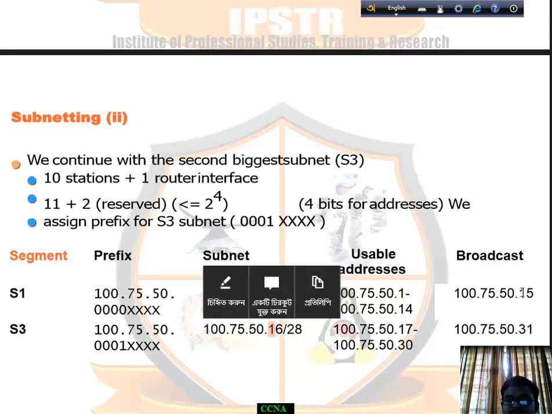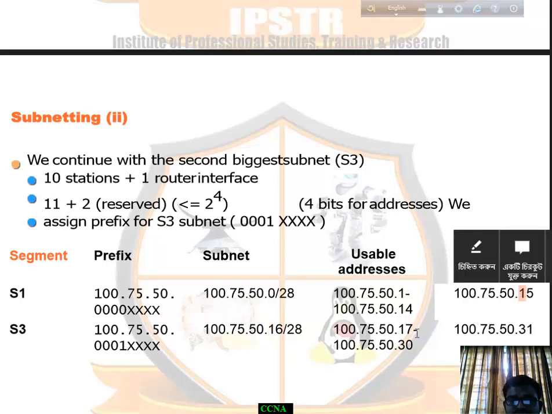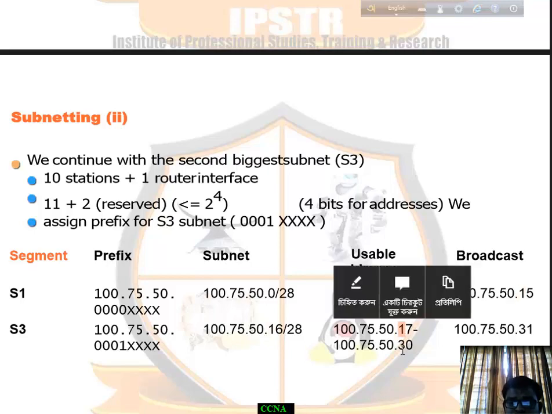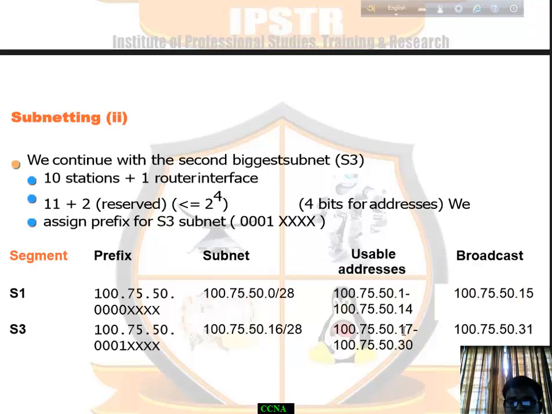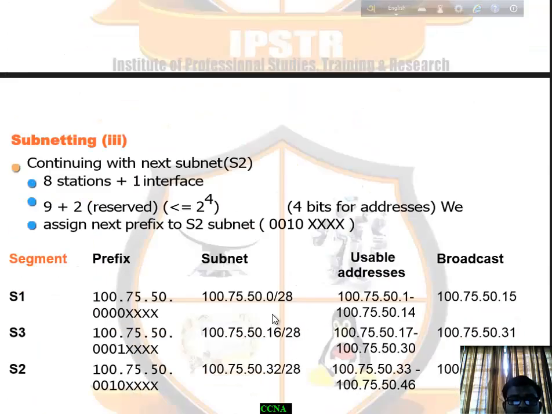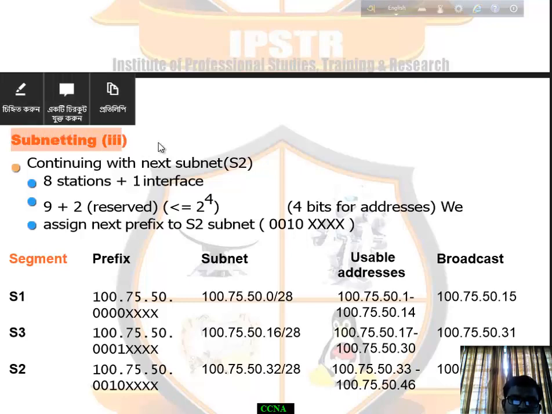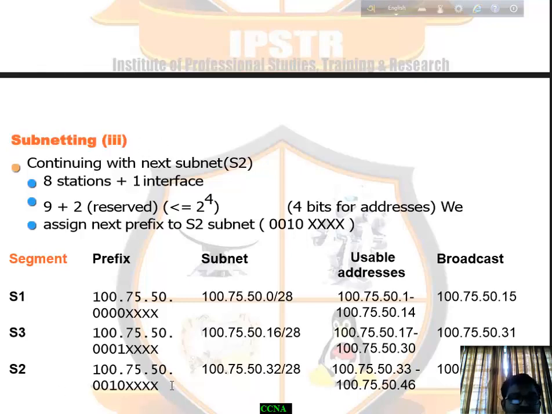Why not 15? 15 is the broadcast. Okay, this is our usable IP 30 and broadcast 31. According to subnets 1 and 2, we can calculate subnet 3 again. Continue with subnet 2.